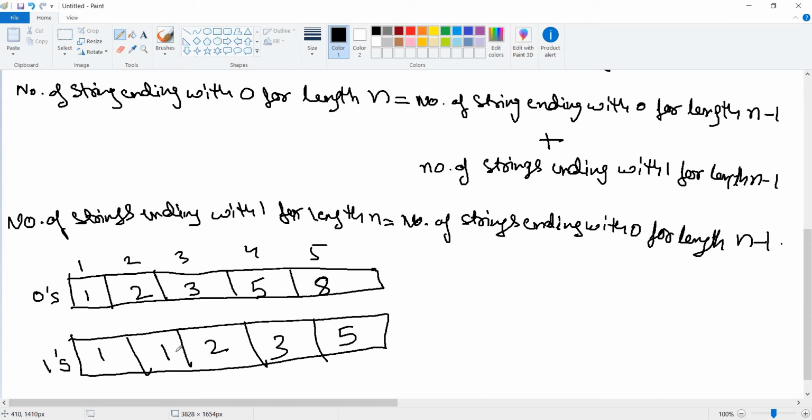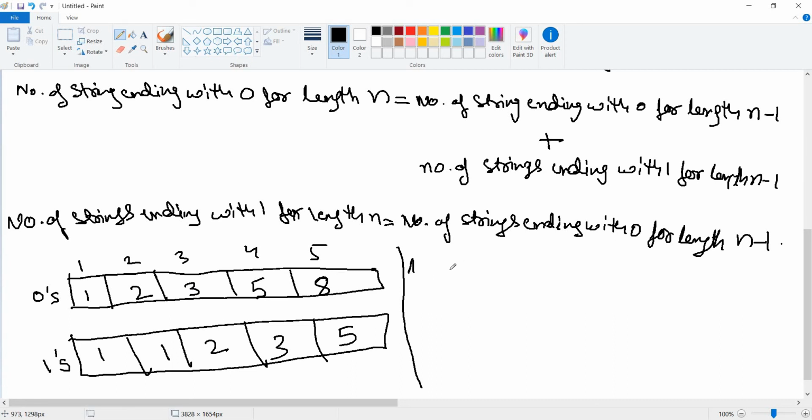So at any point if I am asked what is the number of valid strings, it will be simply the sum of these, because I have 3 valid strings ending with 0 and 2 valid strings ending with 1. So all total I have 5 valid strings.